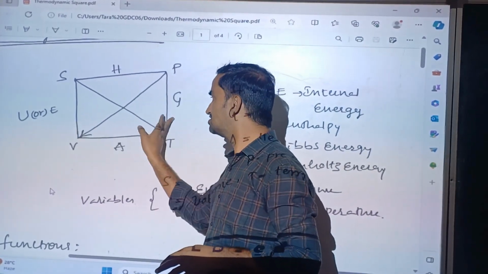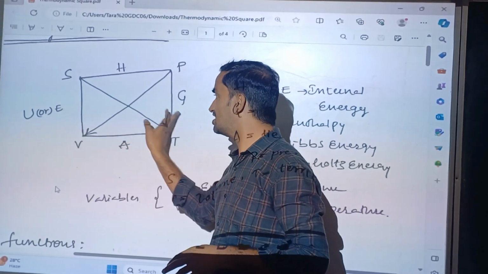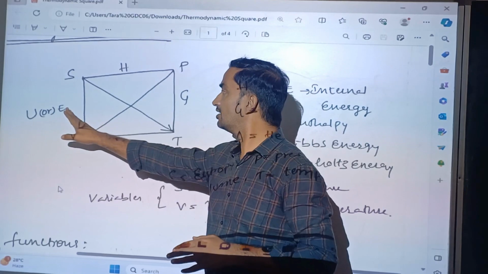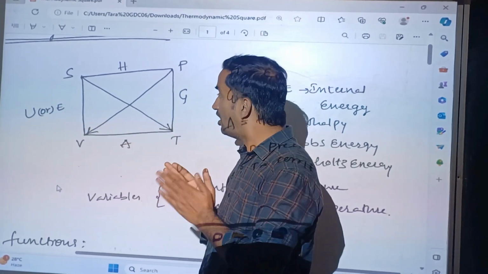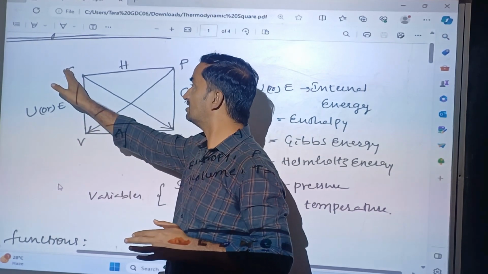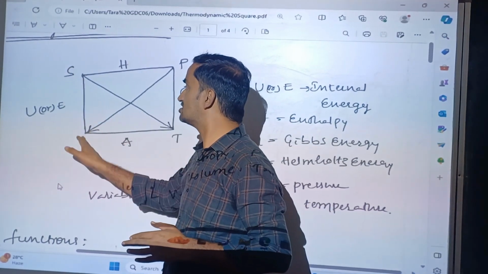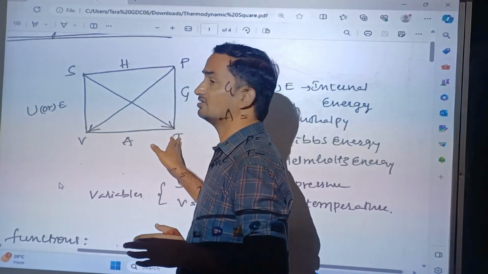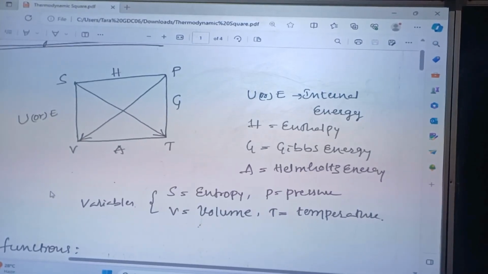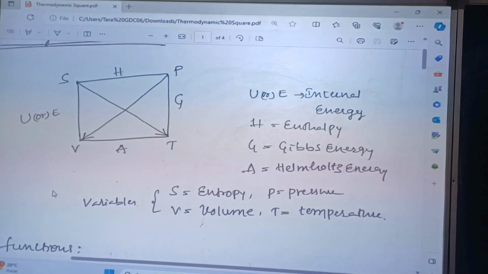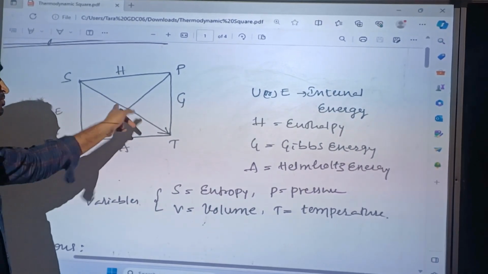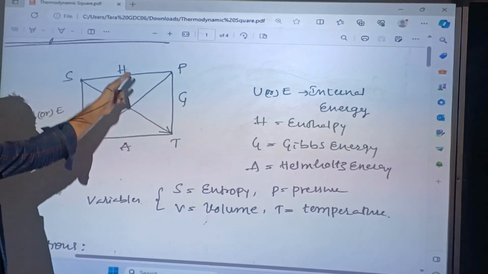We can take U and G as opposite sides, or otherwise opposite sides H and A. Now first we will take U and G. Now how do we get this one by this one? Partial differential. Differential value of this one by this one is equal to this one by this one. So we'll get 2 opposite pairs like this, U and G or H and A.